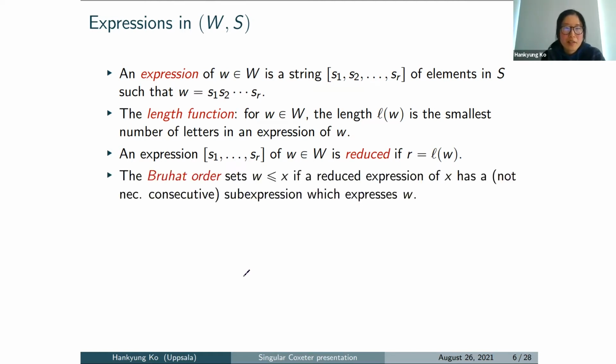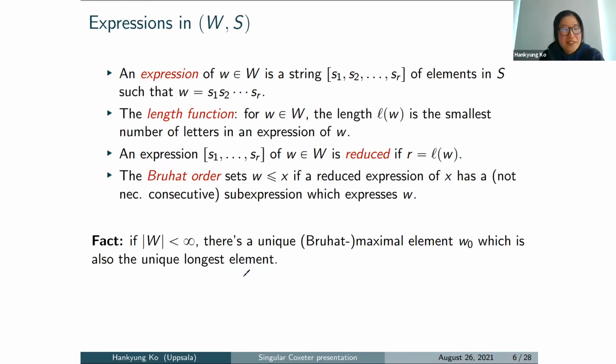And we can use this to define the Bruhat order. In Bruhat order, w is less than x if w has a reduced expression which is a subexpression of a reduced expression of x. And this agrees with the Bruhat order coming from geometry.